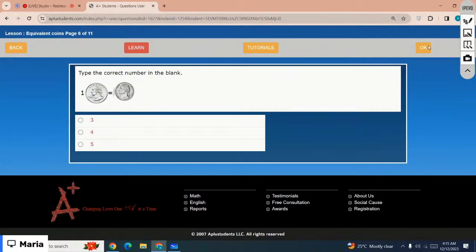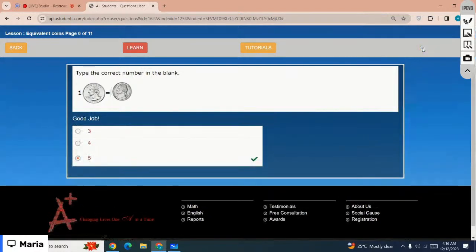A quarter is worth 25 cents, right? And 1 quarter is equal to 5 nickels. The correct option is 5.